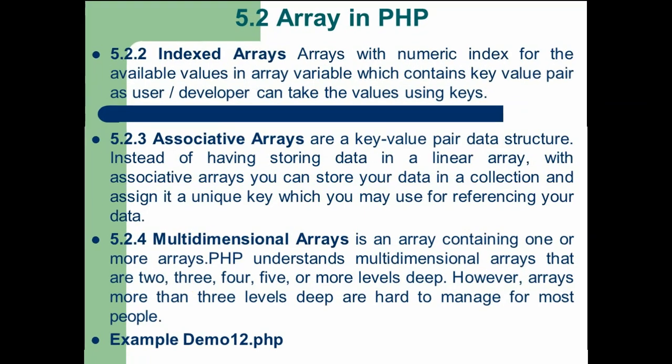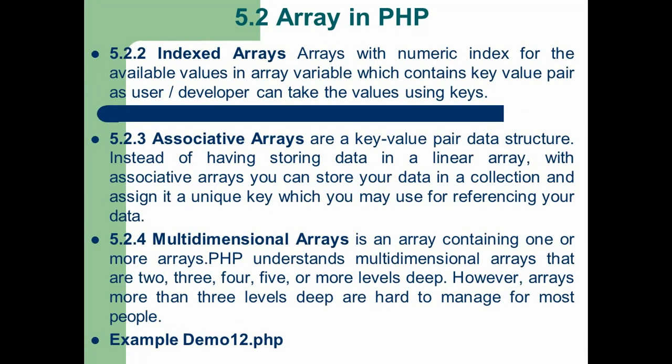Now we are going to understand the different types of array in PHP. The first is the indexed array. These are arrays with a numeric index for the available values in the array variable, which contains key-value pairs, so the user or developer can take the values using the keys. In an indexed array, we use the index number for referring to each array value.